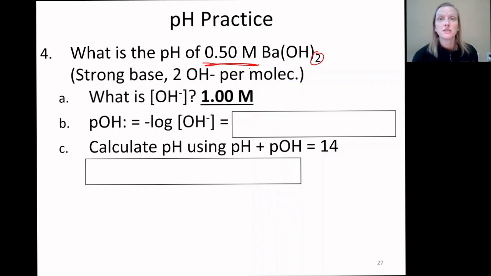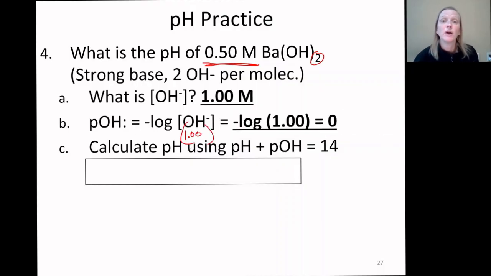Now, here in this example, I want to know the pH, but I have no idea what my concentration of hydrogen ions is. I know what my concentration of hydroxide ions is. This is where pOH is particularly helpful. I know that pOH is the negative logarithm of the concentration of hydroxide ions. So I'm going to plug in the number 1 here. And the negative logarithm of 1 is just 0. So my pOH is 0.